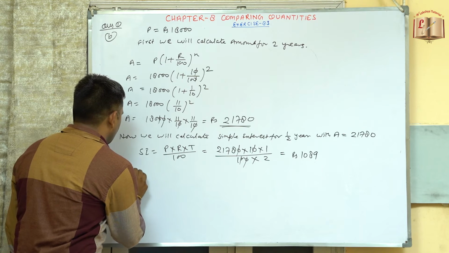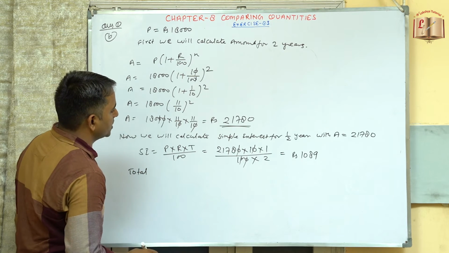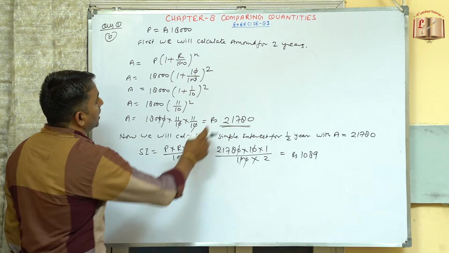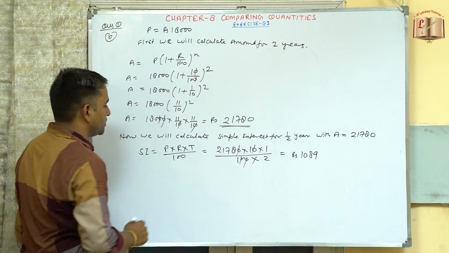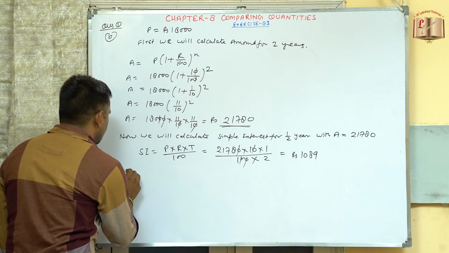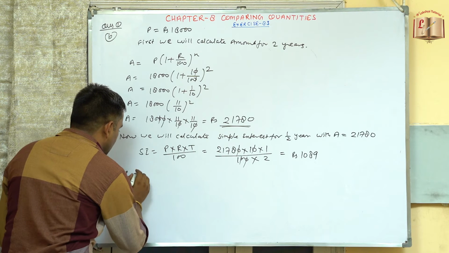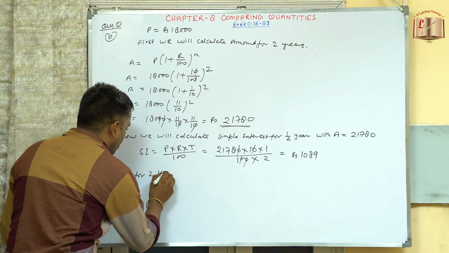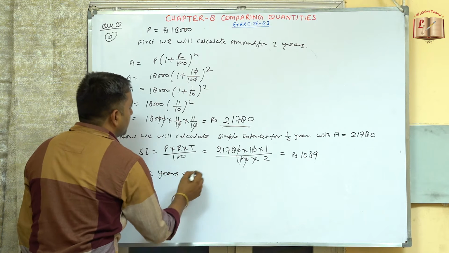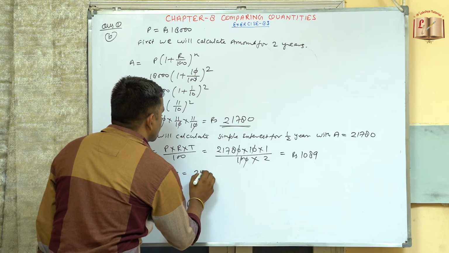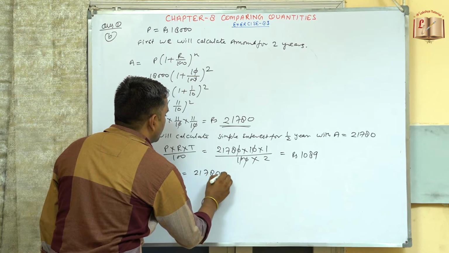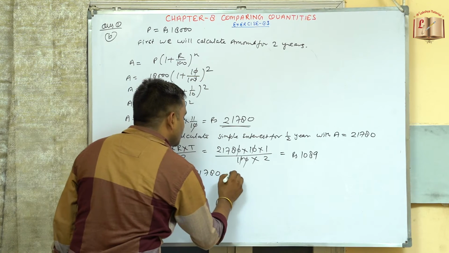So now first of all we will find out the CI. The CI for 2 years will be equal to A for 2 years, this is 21,780 minus 18,000.